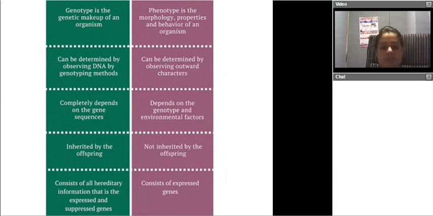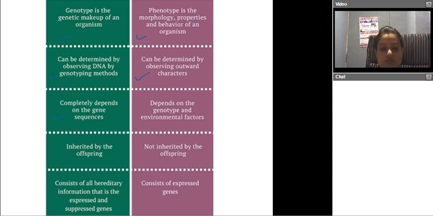Now let us understand some differences between genotype and phenotype. Genotype constitutes the genetic makeup of an organism, whereas phenotype are the external morphological characteristics and behavior of an organism. The genotype can be determined by observing the DNA or genotyping methods, and phenotypes are visible naturally.